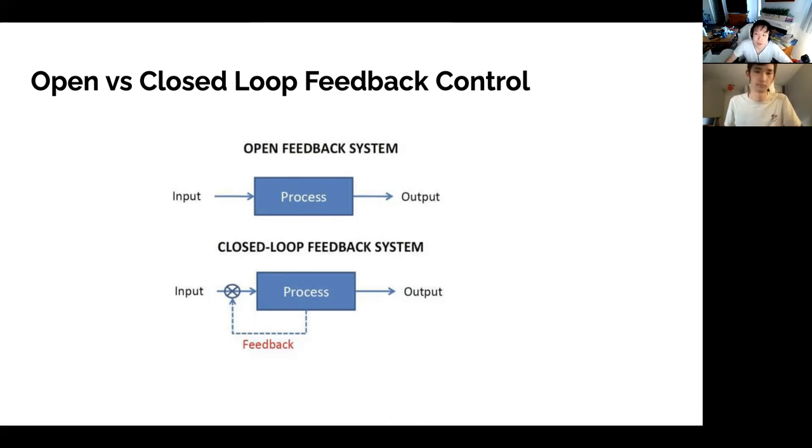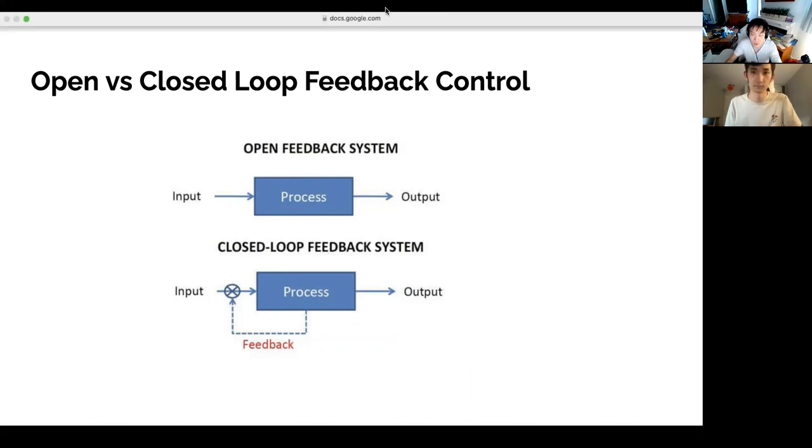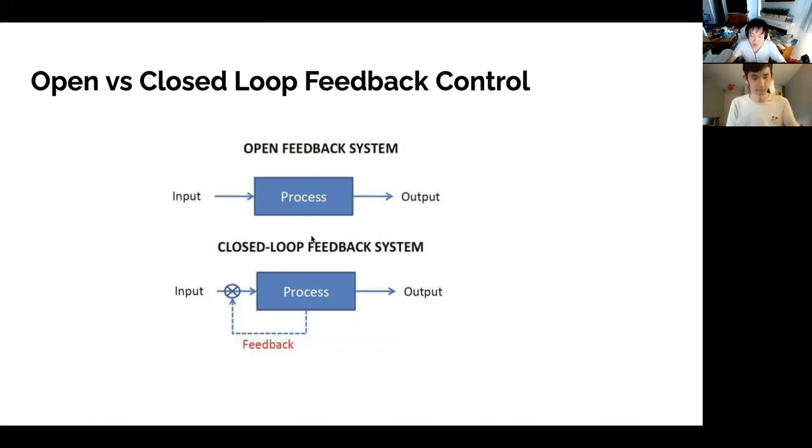Open is the most basic type of feedback control. You have your input and it gives a single output, and you have some reading, and based on that reading, you just input a value. For example, in EE3, with a line following car, an open feedback system would be, oh, it's off the track to the left, so you turn to the right to get back on the track.